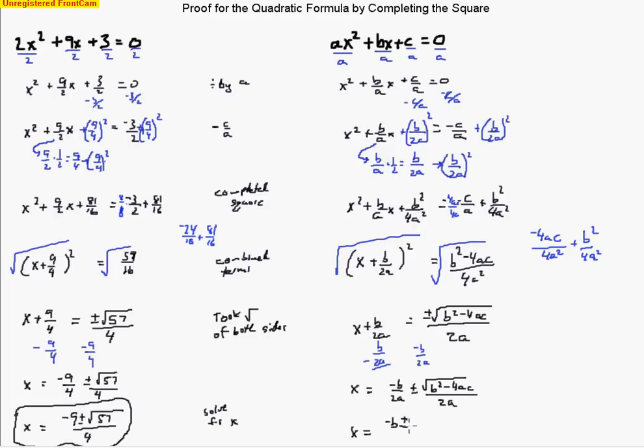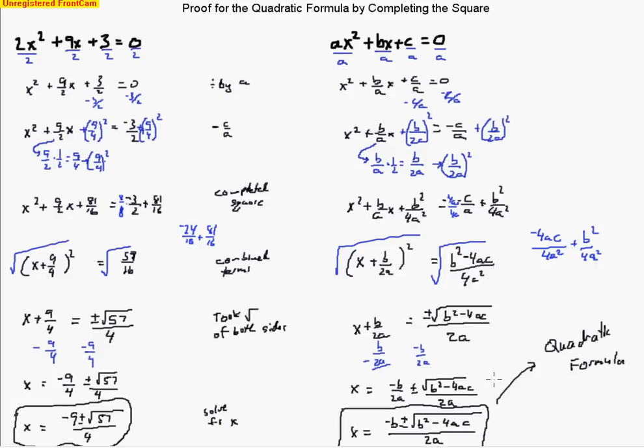Negative b plus or minus the square root of this b squared minus 4ac, and this is all over 2a. And this, the part that we just came up with, is the quadratic formula. And we're going to end up using this quadratic formula to solve problems.